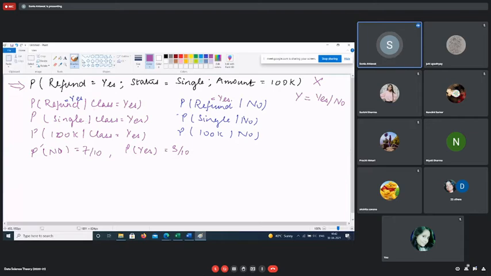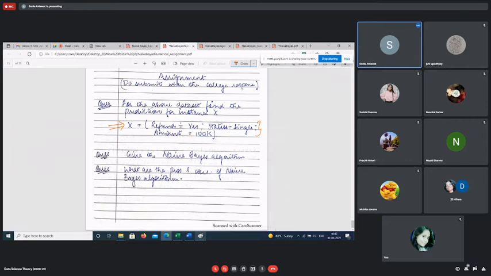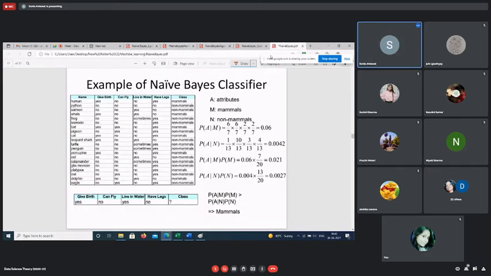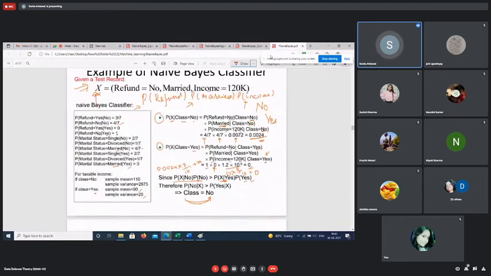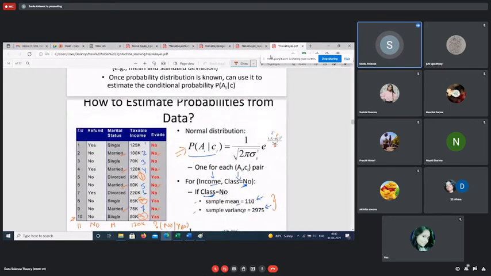Okay. Now let's calculate the first part. The first part says that you have the refund as yes and class is also yes. So if I go to my table, I'll get to know exactly what is the value of refund.